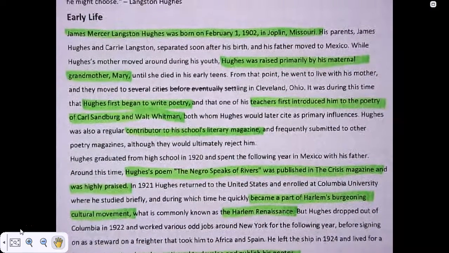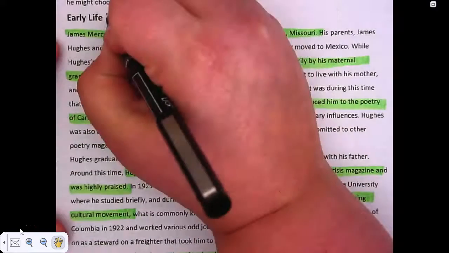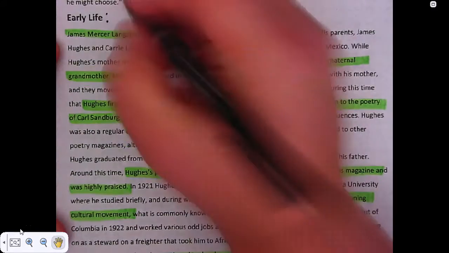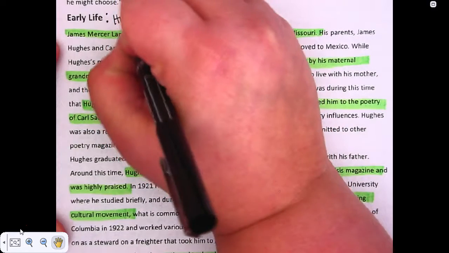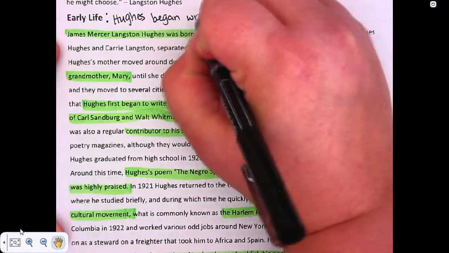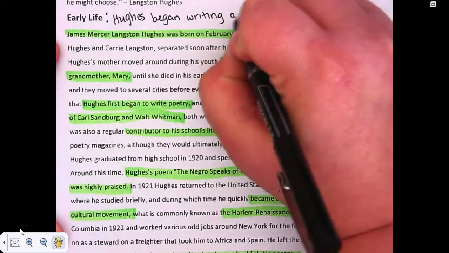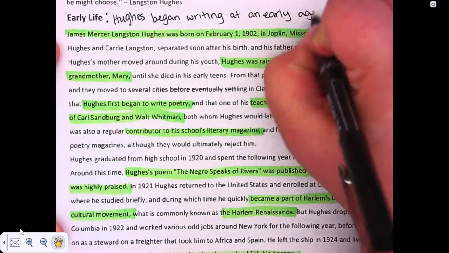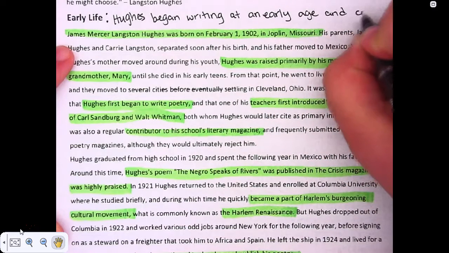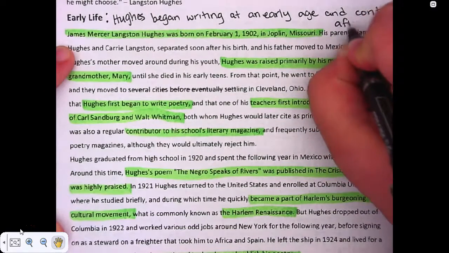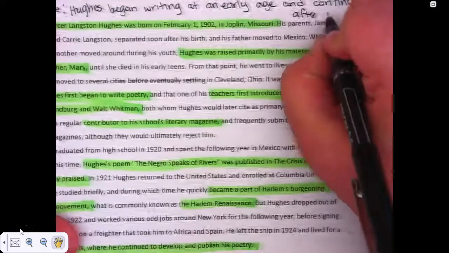So up where it says early life, I'm going to write just one simple sentence that essentially summarizes everything I've highlighted. I could say something like, Hughes began writing at an early age and continued after graduating.